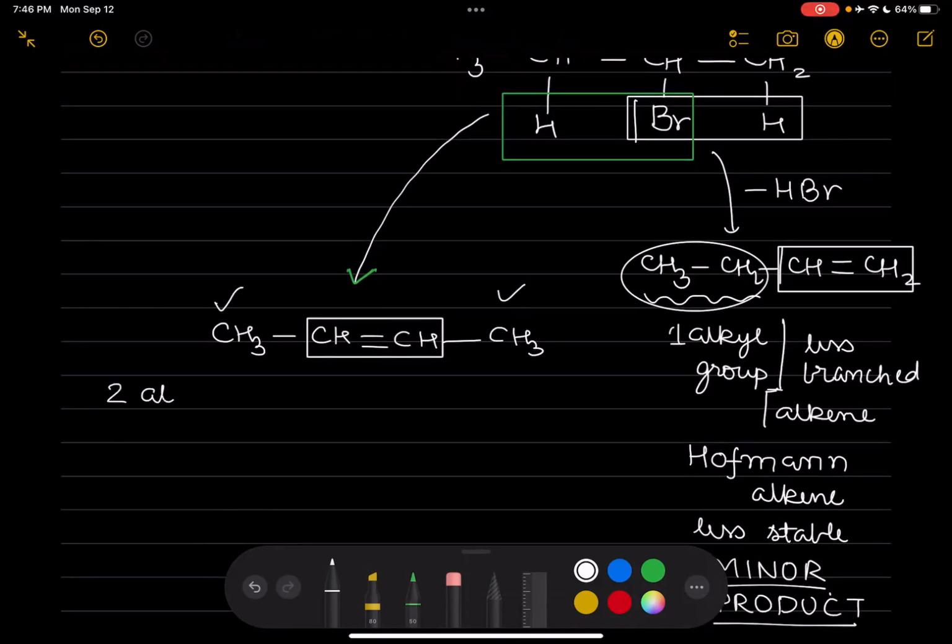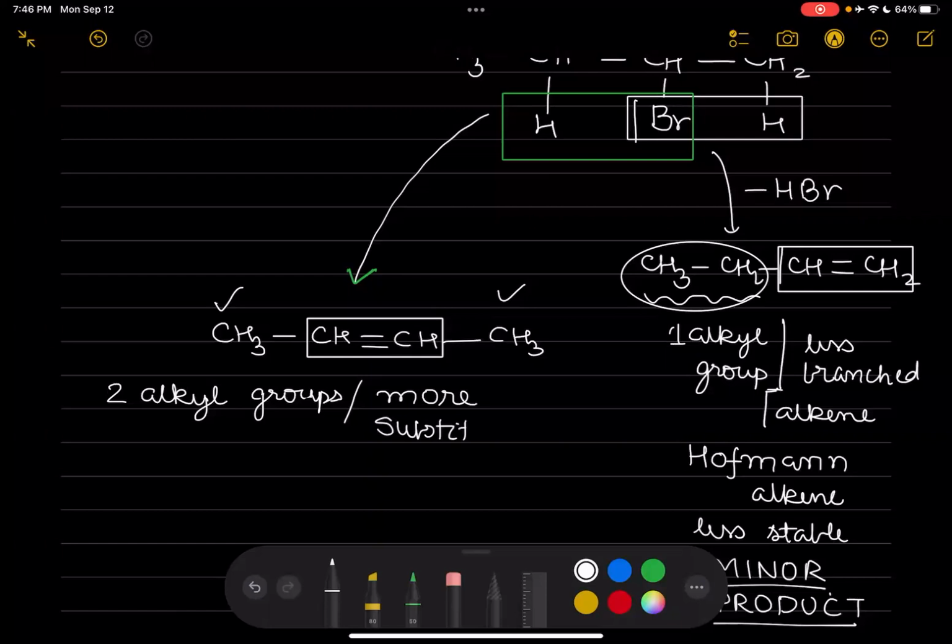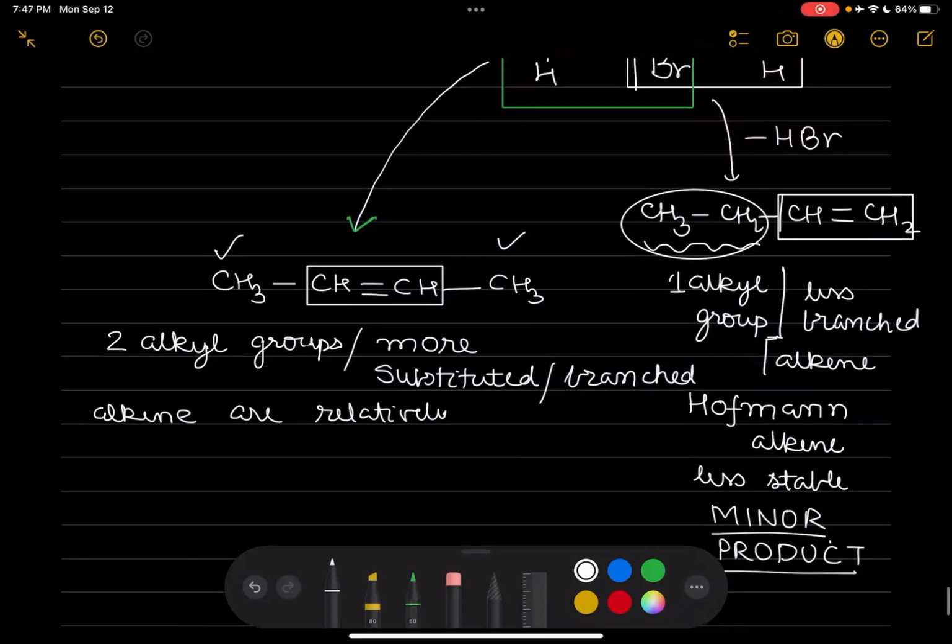So two alkyl groups. More substituted, or more branched, means more alkyl groups. They are relatively more stable.